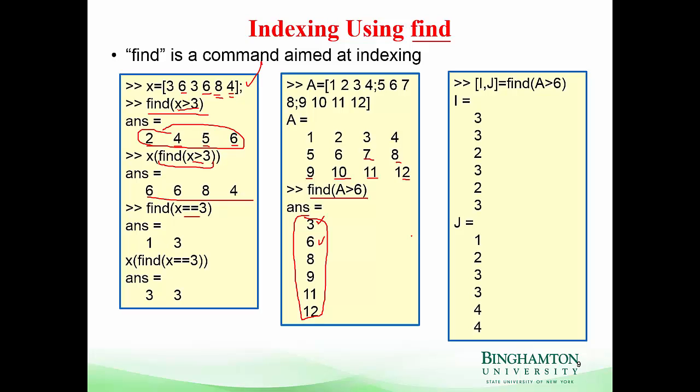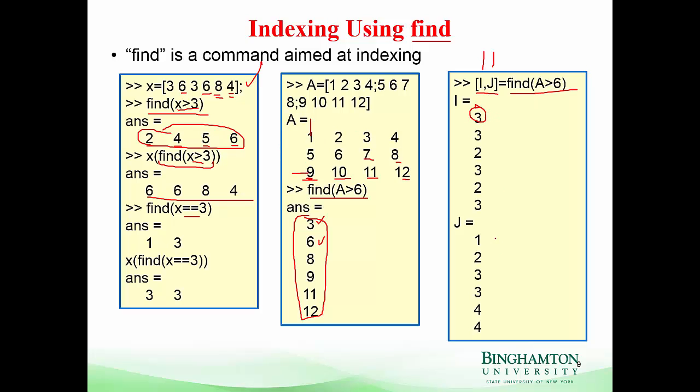So you can also say, if you assign find to two variables, i and j, separated by a comma. So this is actually just a way of assigning to two different variables at the same time. Now i and j will get spit out from this, and let's look at what we get. So remember, 9 was the first one, and so that's at position 3, 1.